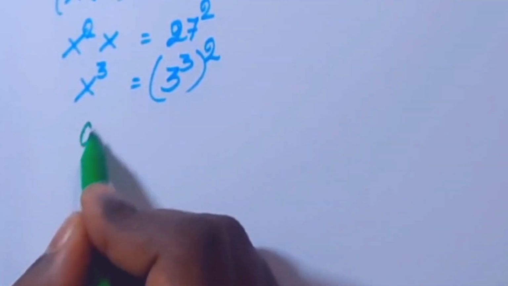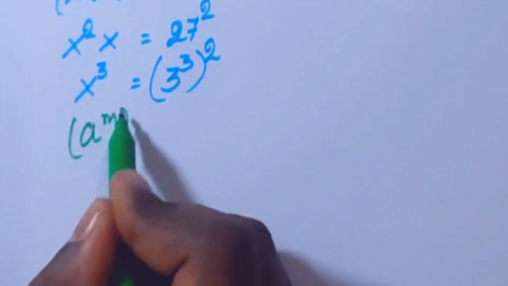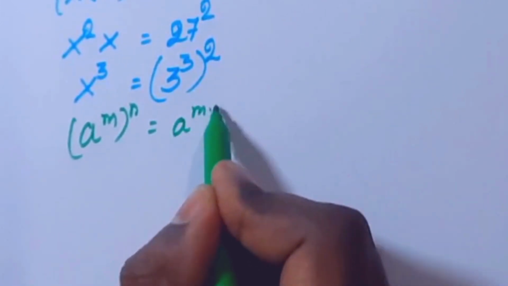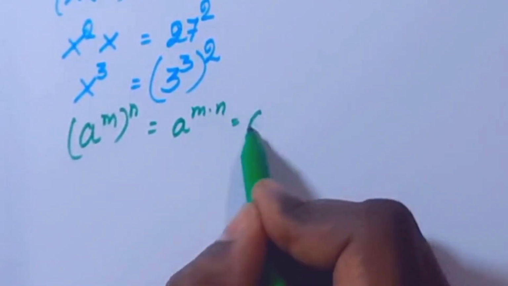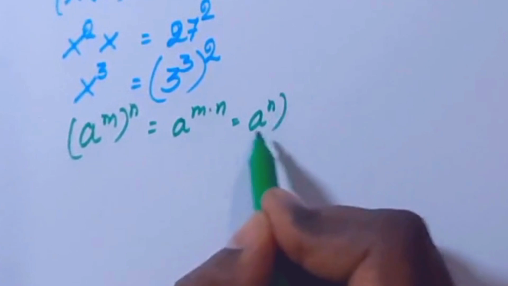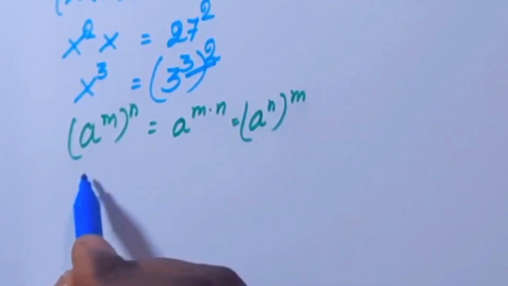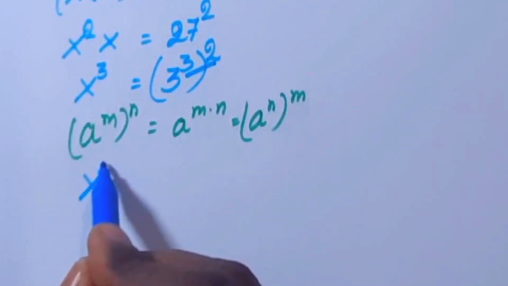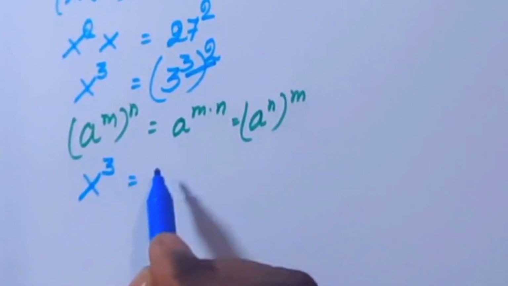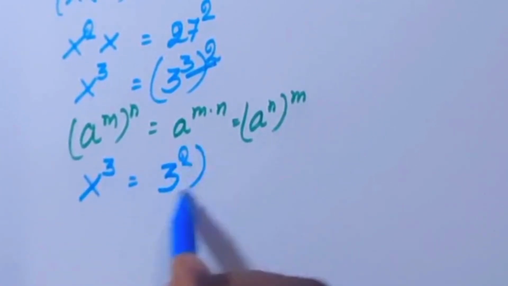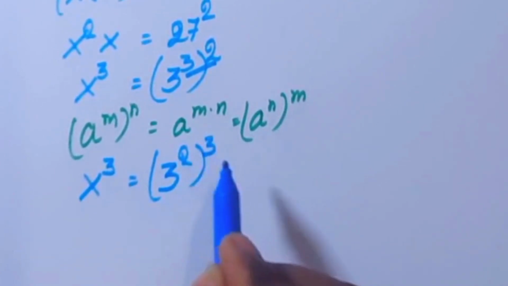We know that (a^m)^n equals a^(m times n) equals (a^n)^m. We are going to change this. So x^3 equals (3^2)^3.